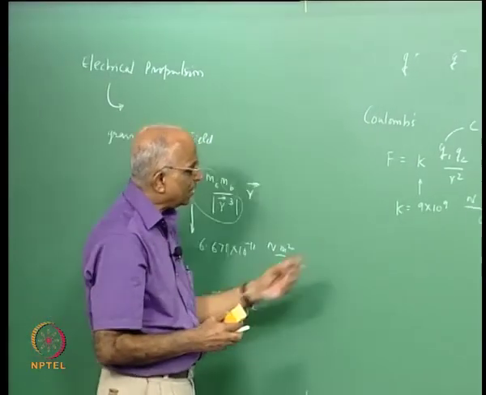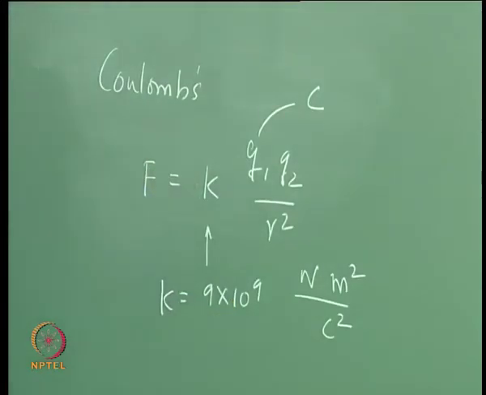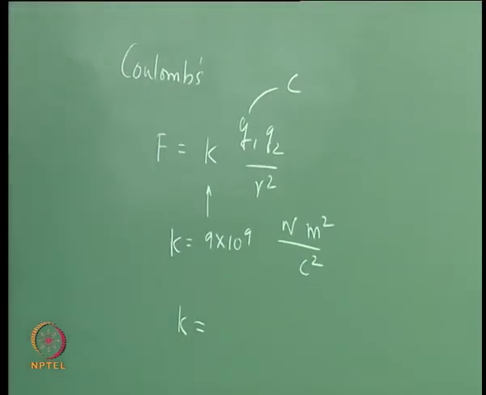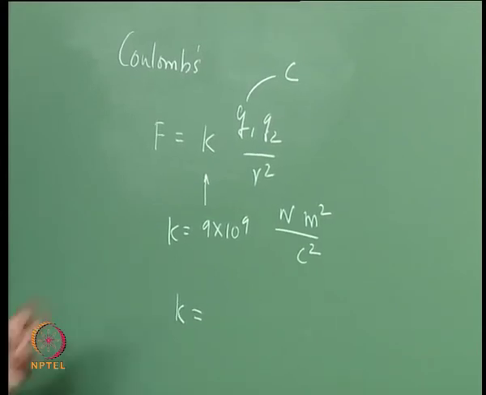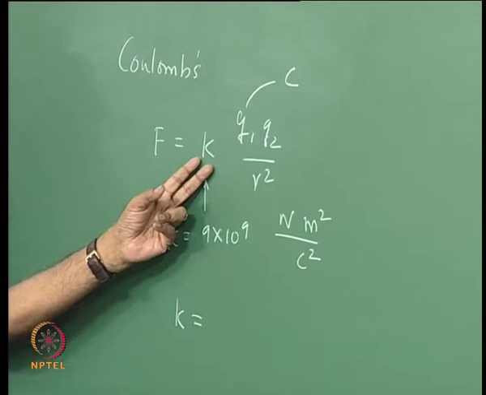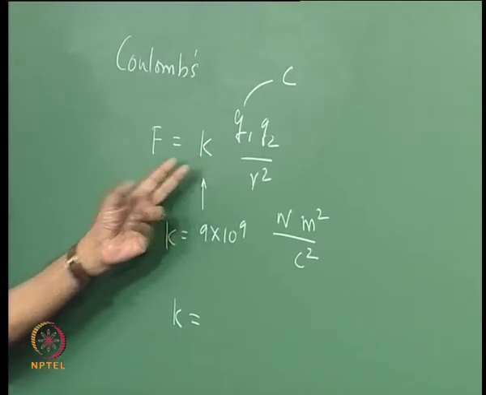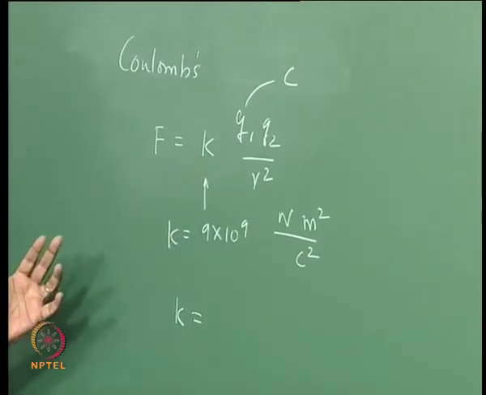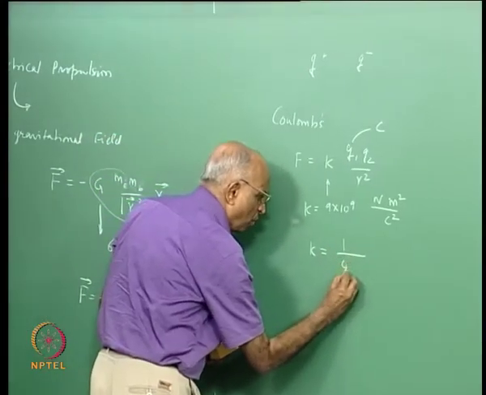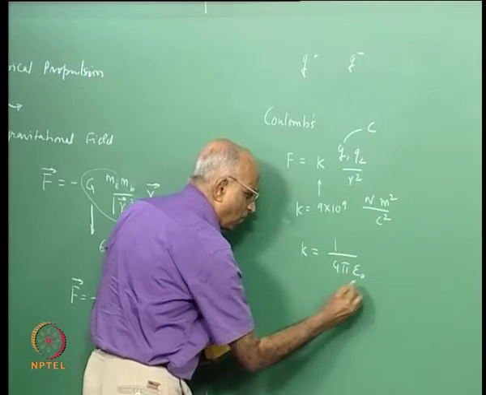Therefore, we look at this expression in a slightly different way. Especially in physics, they try to express this constant in a way wherein the space can impart or hold charge, or rather k is written as 1 over 4 pi epsilon 0.